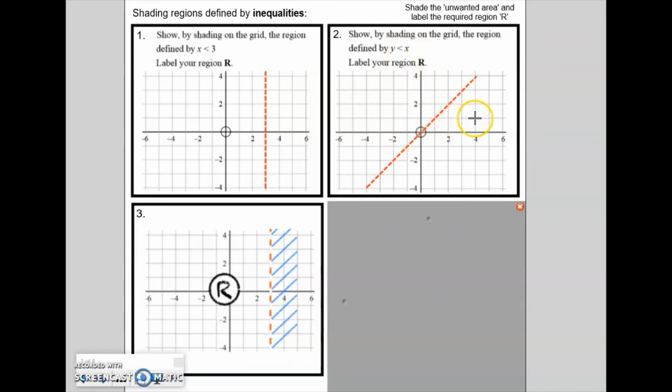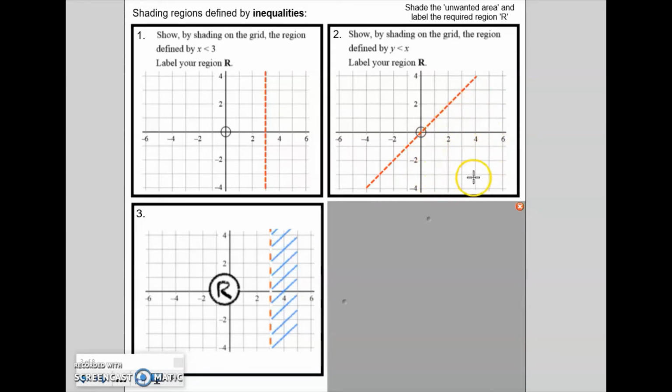If I take this coordinate over here, this is when x is 4 and y is 1. So this time y is less than x. Let's take another coordinate. If I take this one here, the x coordinate is 3 and the y coordinate is -1. So -1 is less than 3. So this is my required side.